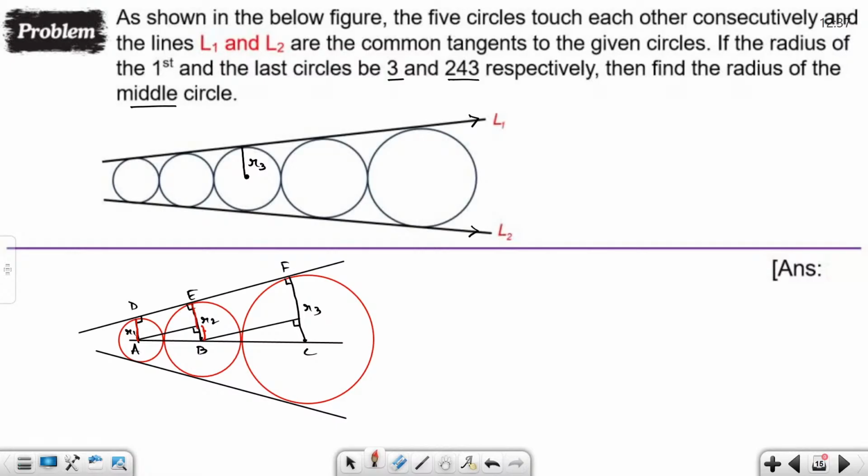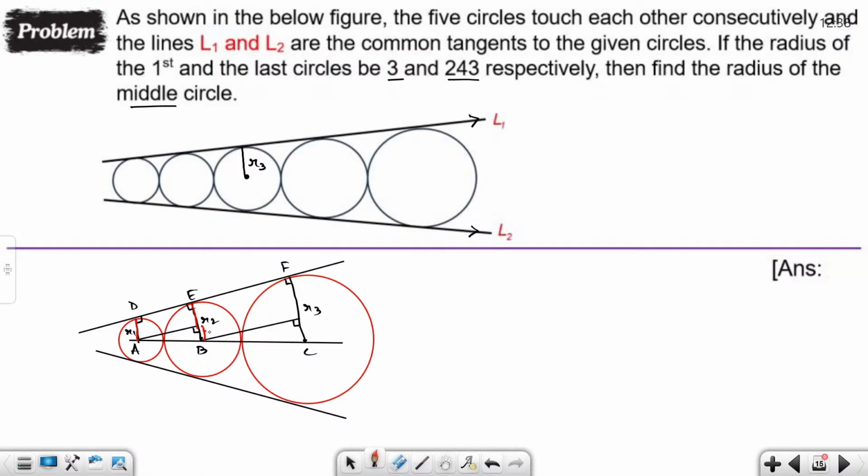This is exactly the same method I have used there. That is why I told you that derivation is important. You must know how it is derived. That derivation method I am applying in this problem. So you must know it.